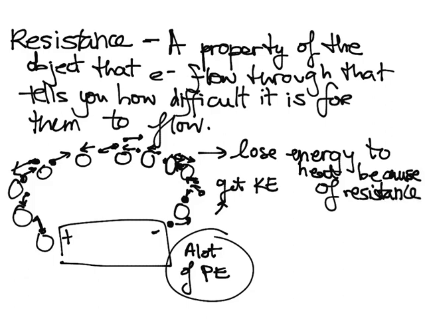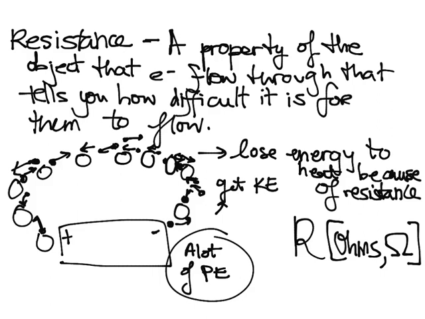Our symbol for resistance is R, and the unit for resistance is called ohms. Instead of writing the word out, people often use this upside down horseshoe, which is the Greek letter omega.